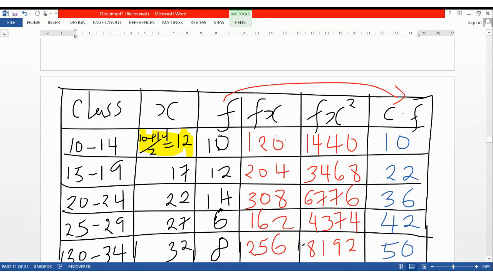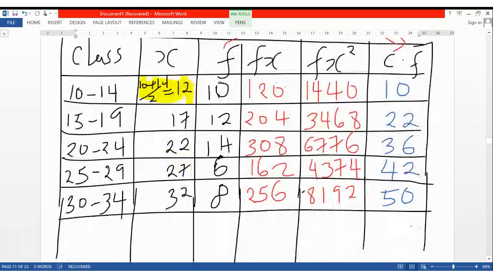Now I'll add fx: 120 plus 204 plus 308 plus 162 plus 256. Here I'm getting 1050.